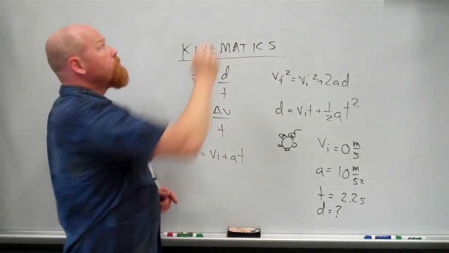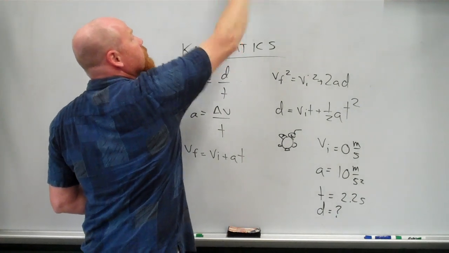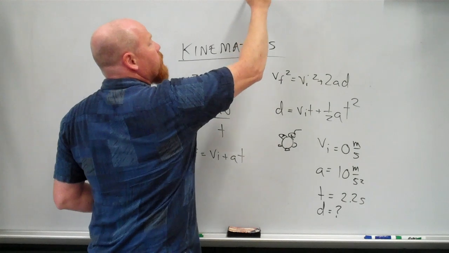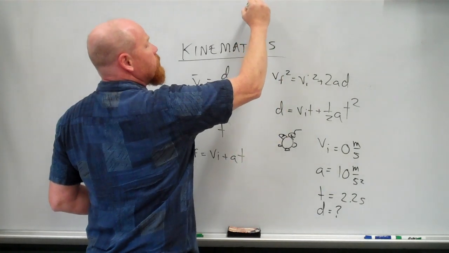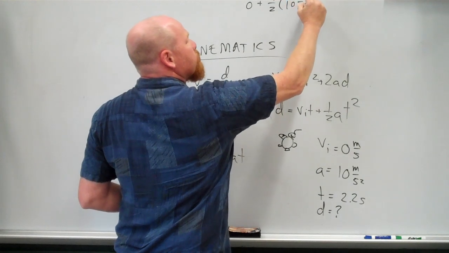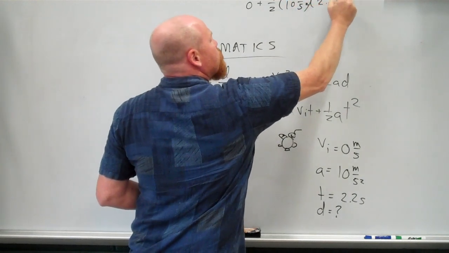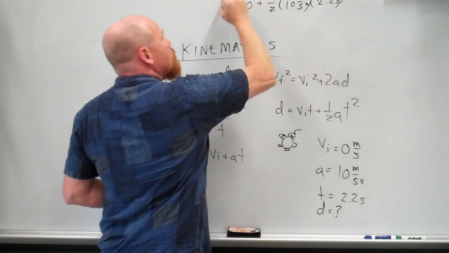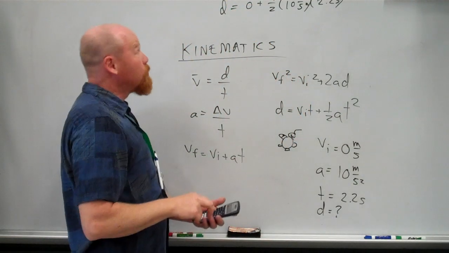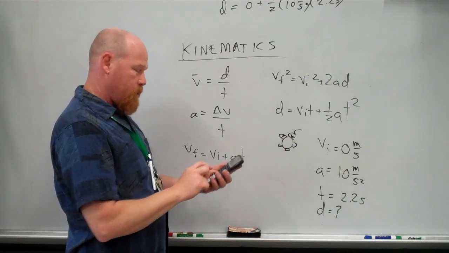I make my equation. Remember, ESU, equation substitution with units. That's my equation. And then I plug in, well, anything times 0 is 0, so this is going to be a 0 here, plus 1/2, 10 meters per second squared, 2.2 seconds. Now, I know that that distance is going to be somewhere between 20 and 45 meters.